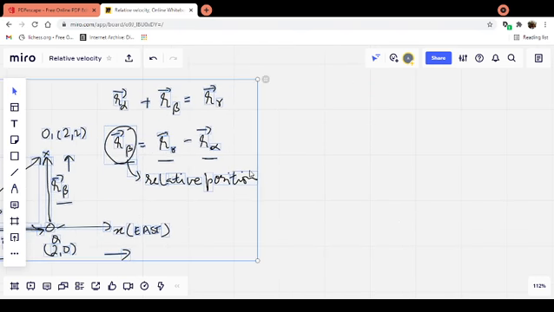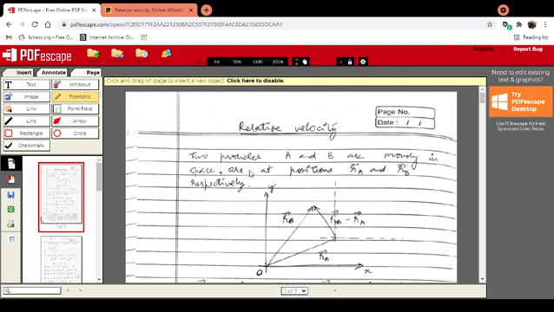Okay, so let us move forward. Yeah, so after starting with what is relative position and what is relative motion, let us proceed further.